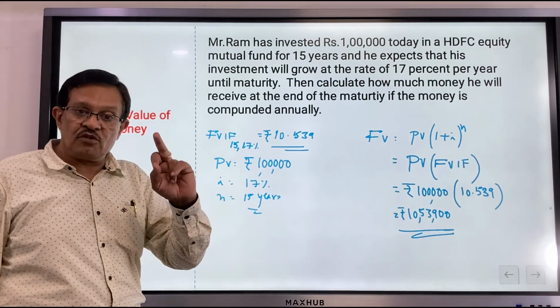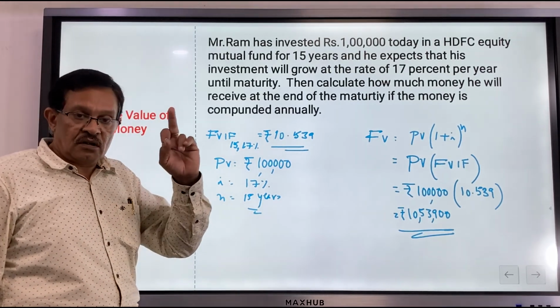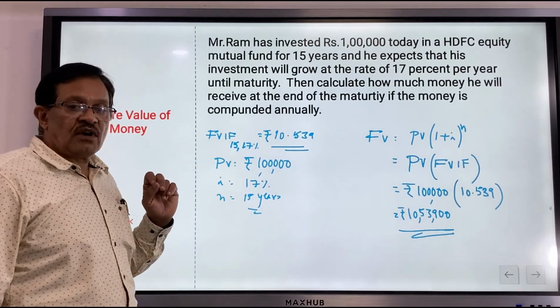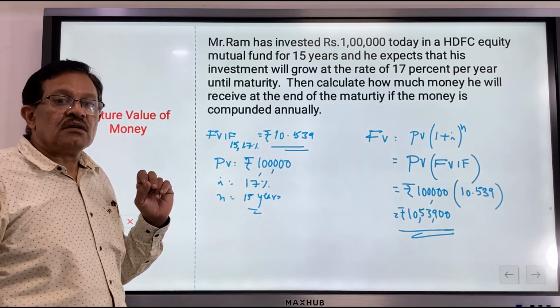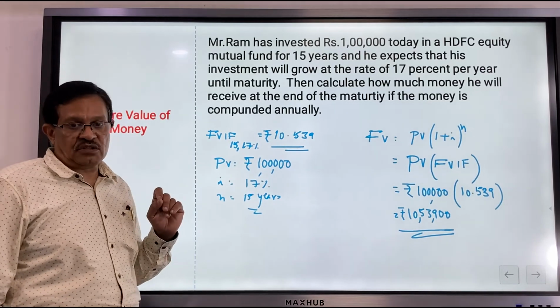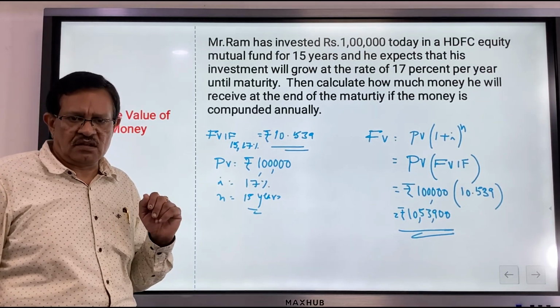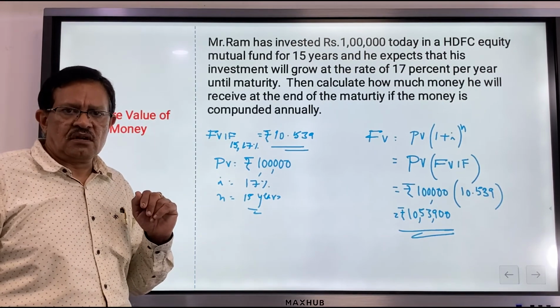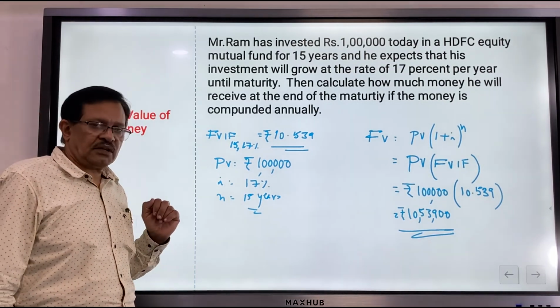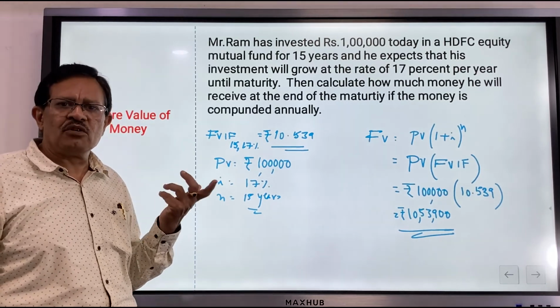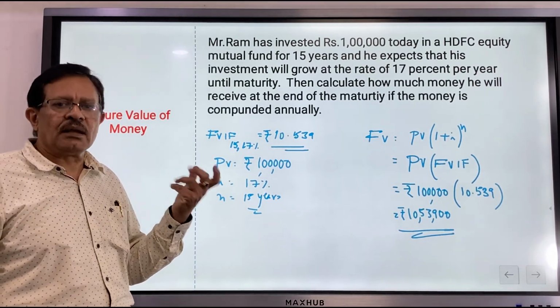Whether we should use the future value table, future value of annuities, present value tables or the present value of annuity, which table you have to use? People get confused here and use a wrong table while computing. So unless you understand the basic concept, you will not be able to use the tables properly.